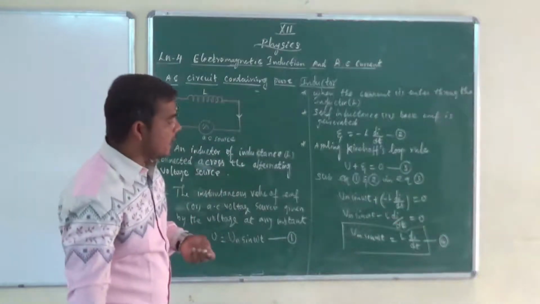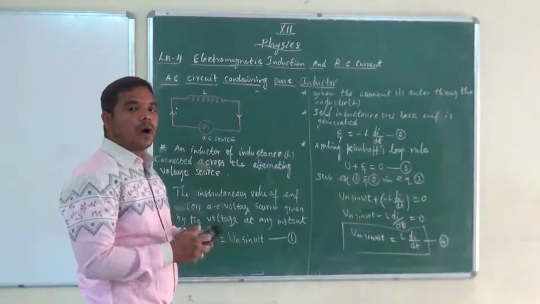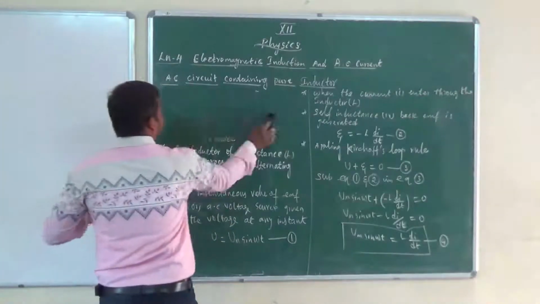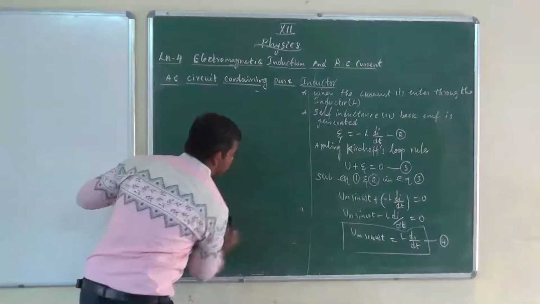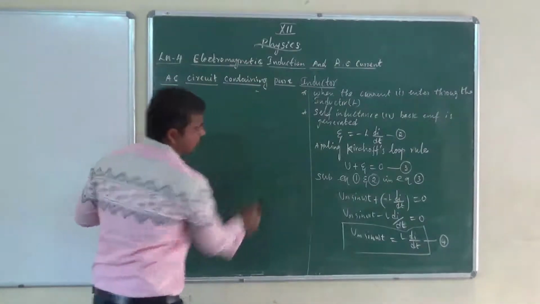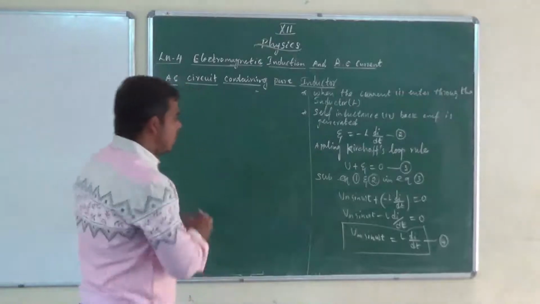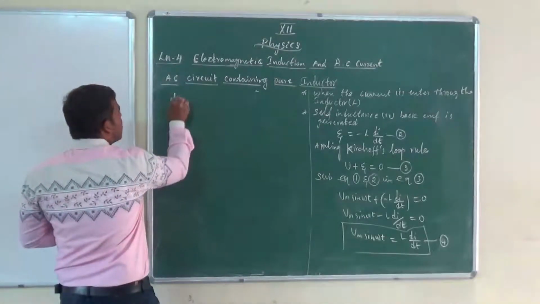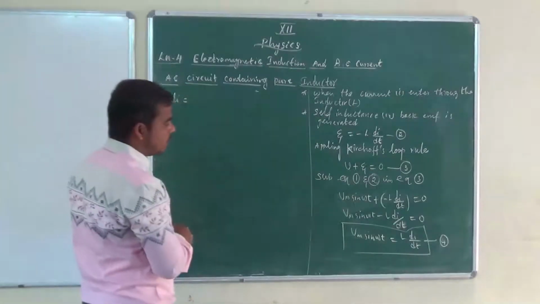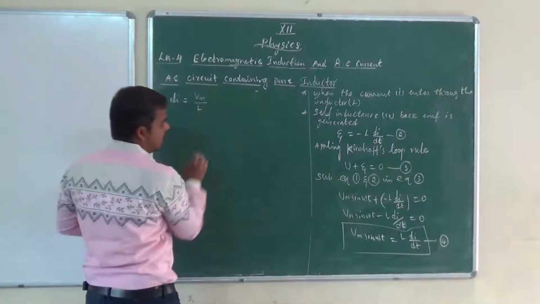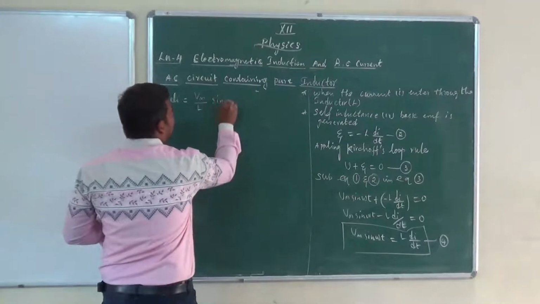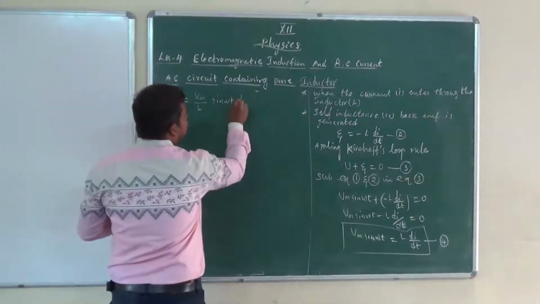Now we will see equation number 4, I want to change and write it. See how I want to change and write it. So di equals Vm by L sin omega t into dt.